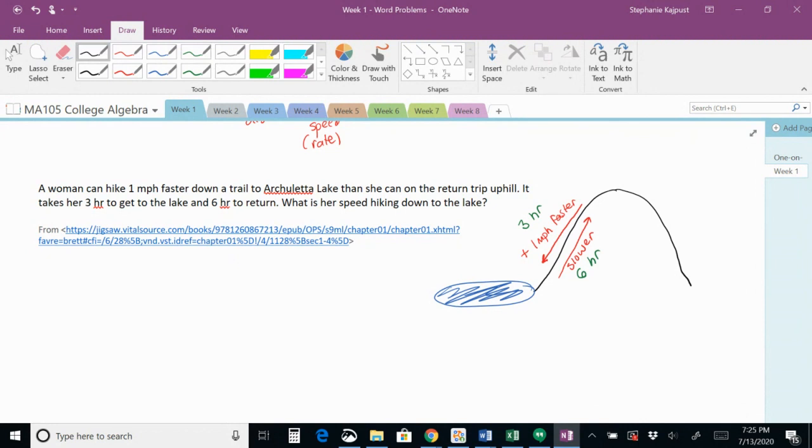So we've got 2 directions here. We're going to have downhill and uphill. And the distance between these is going to be the same. So the downhill distance is going to be equal to the uphill distance. I'm going to indicate that distance for both of these.